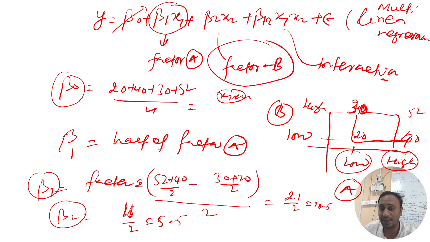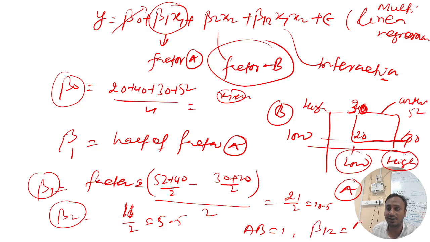If there is no discrepancy, this model is without the interaction. So in that case, AB will become 1. So what will be the case of beta 1 2? It's AB by 2, 1 by 2.5. I hope it's clear now.